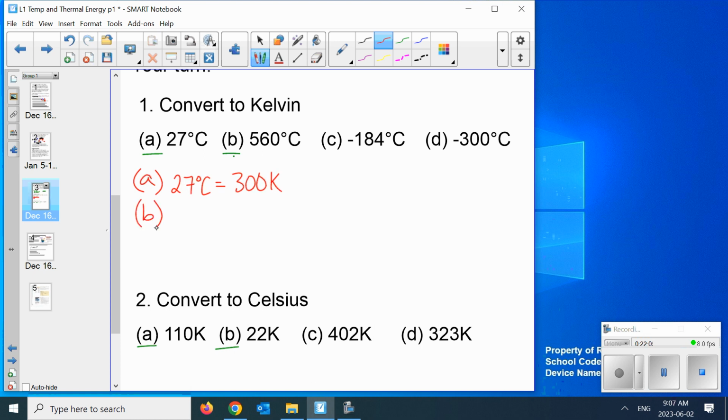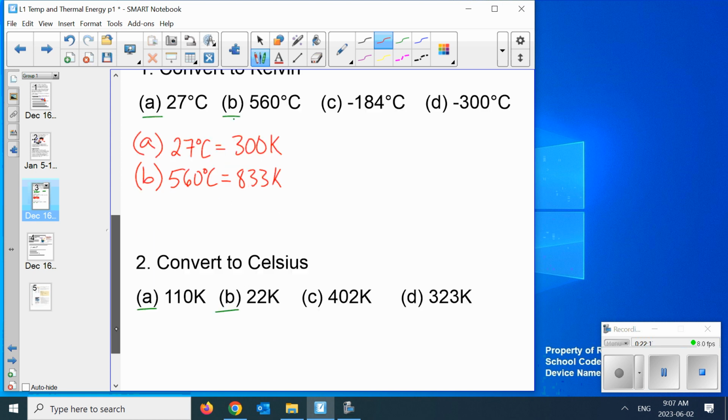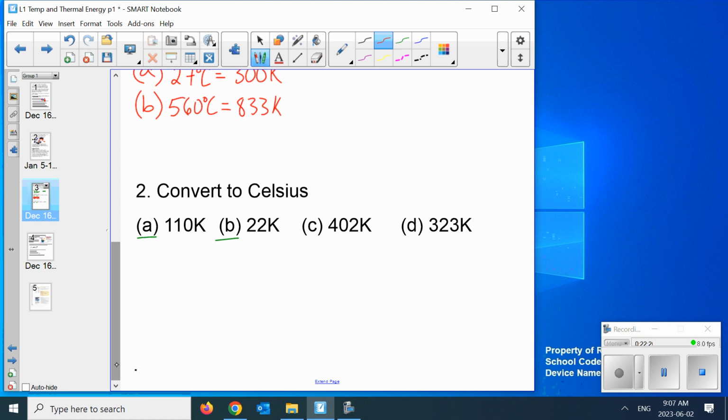Adding 560 plus 273, 560 Celsius is equal to 833. Converting to Celsius is subtract 273. 110 Kelvin is equal to negative 160 degrees Celsius. 22 Kelvin is equal to negative 251.